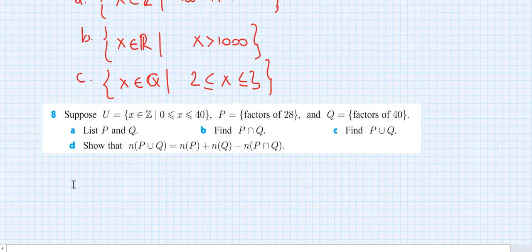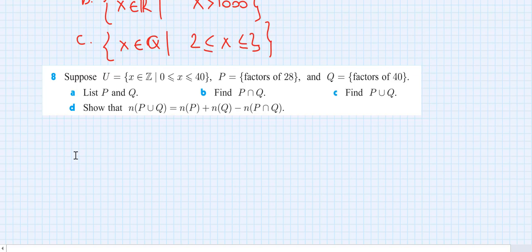So question number 8, let's check question number 8. What does it say? Suppose U, the universal set, x is integers between 0 and 40, and we have some sets, P factors of 28, Q factors of 40, list P and Q. Okay, let's do one by one.